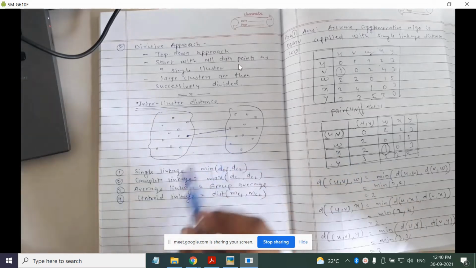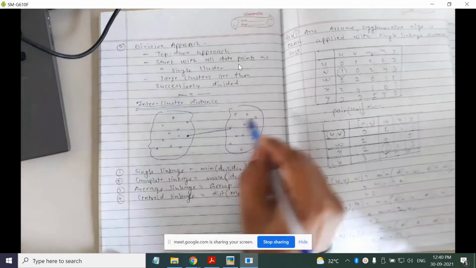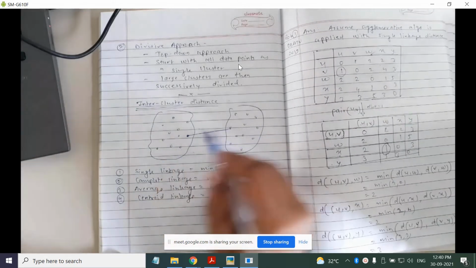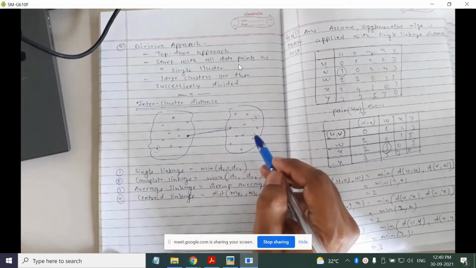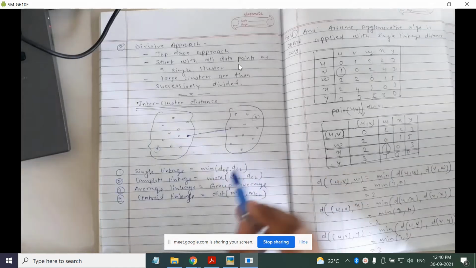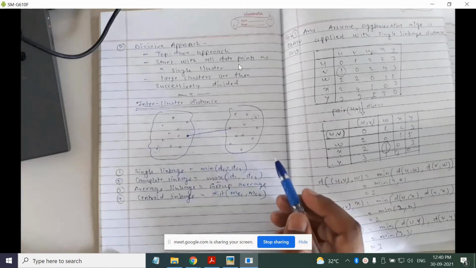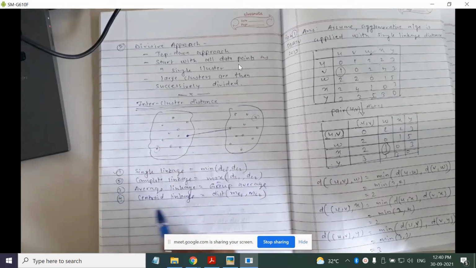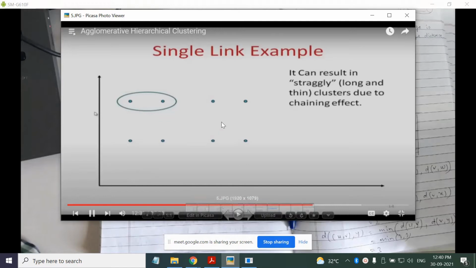In complete link we find the longest pair, the farthest pair, which is this point and this point. That is represented by the max function, and we update.